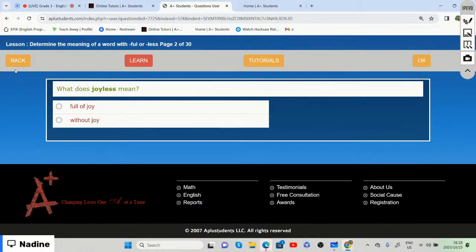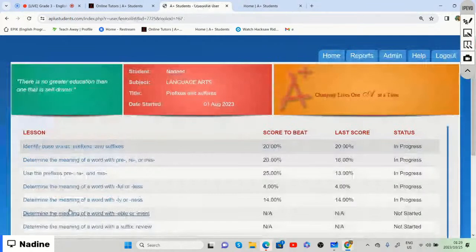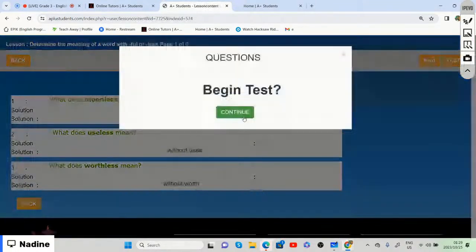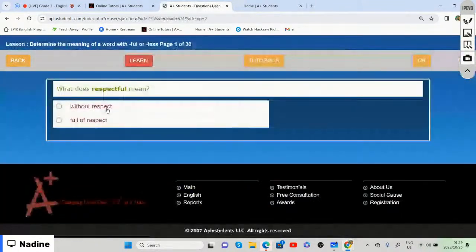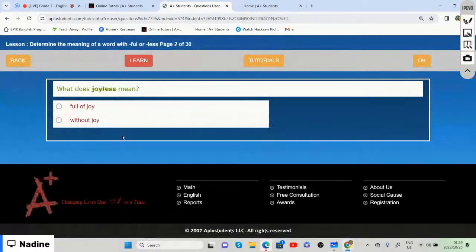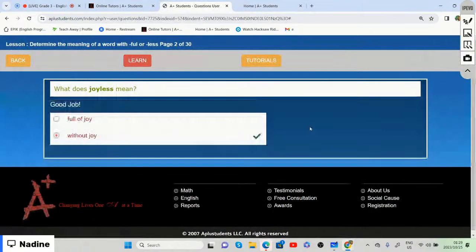So the meaning of joyless is without joy. Oopsie. I apologize. So we said it is without joy. That is joyless. Joyless is without joy.